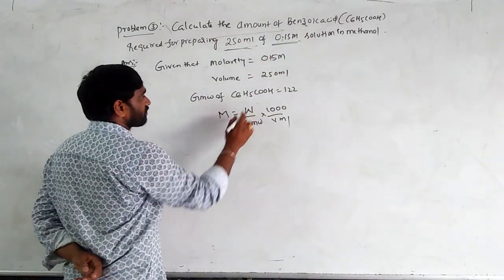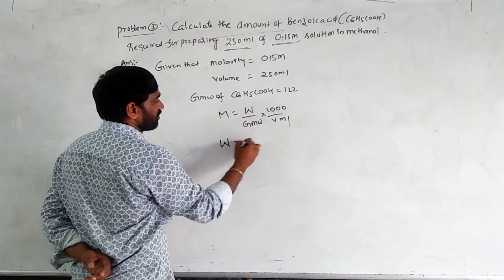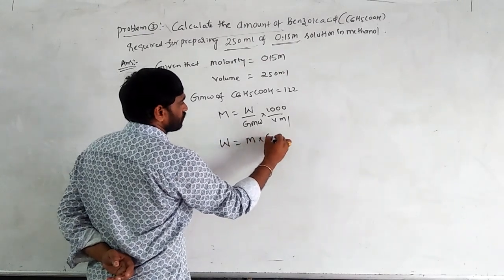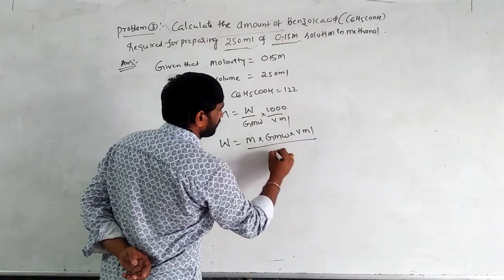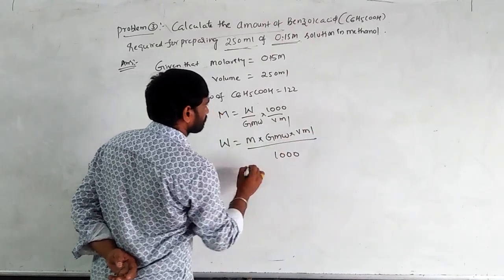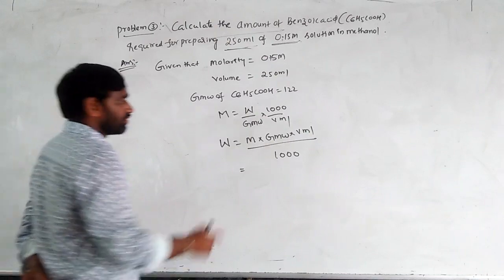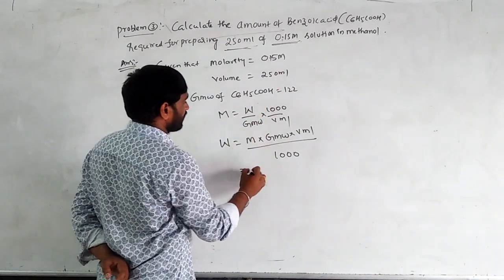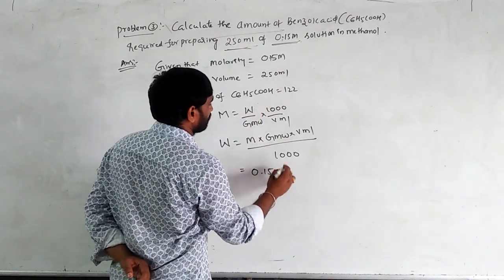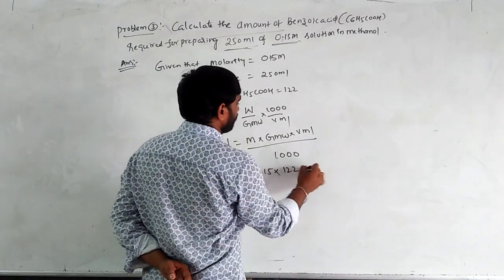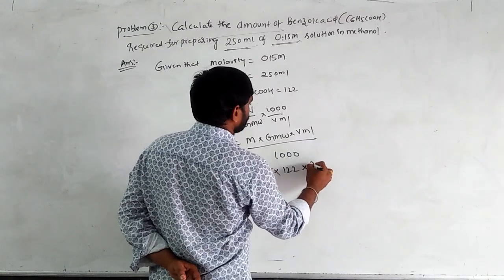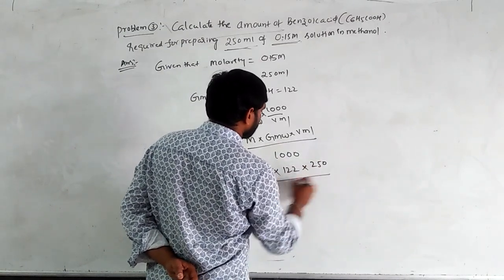Amount means weight. So weight of benzoic acid equals molarity into gram molecular weight into volume by 1000. Molarity 0.15 into gram molecular weight of benzoic acid 122 into volume 250 by 1000.